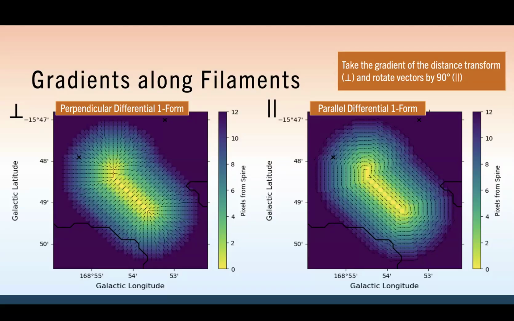For the parallel differential one-form, I rotated each of those vectors by 90 degrees so that they flow around the outside. You'll notice, especially if you're able to zoom in a little bit, that on this side of the filament, they're pointing down and to the right, and on the other side, they're pointing up and to the left, so they're anti-parallel.